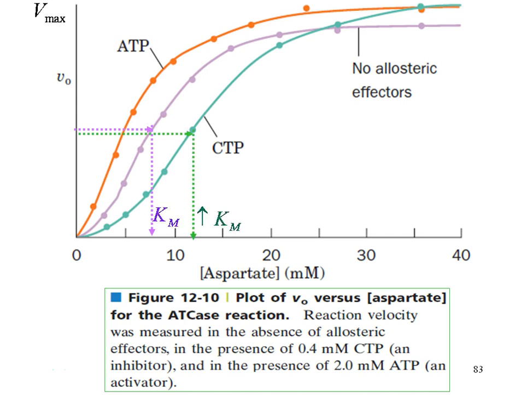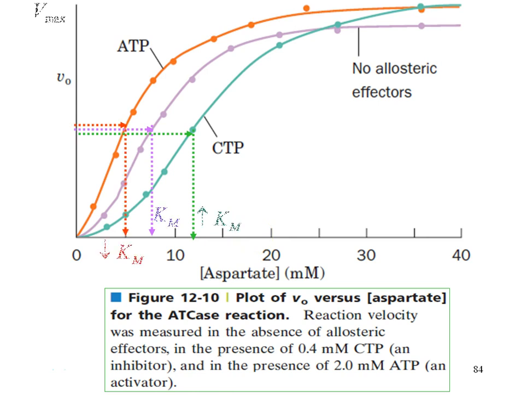In the case of a negative effector, like the CTP, which is the product of this chain of enzymatic reactions, you can see that the Michaelis constant is significantly higher. You go to the curve, you go down, it's a higher Michaelis constant. In other words, the binding of the substrate to the enzyme is far less efficient in this case.